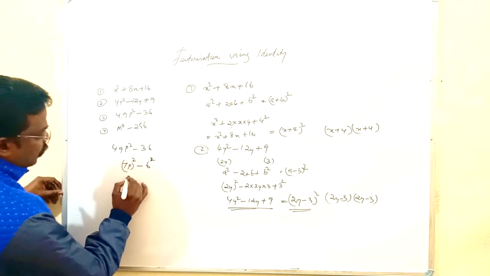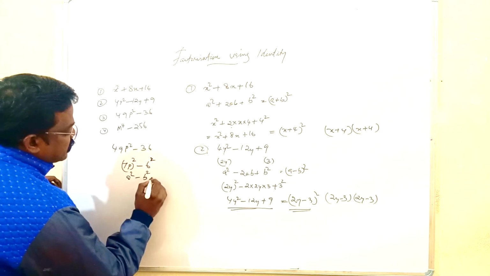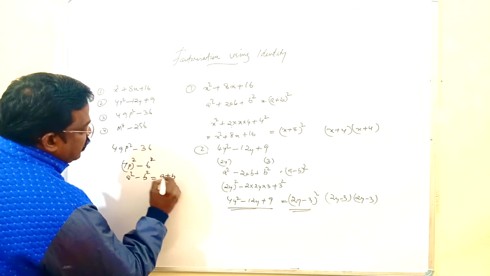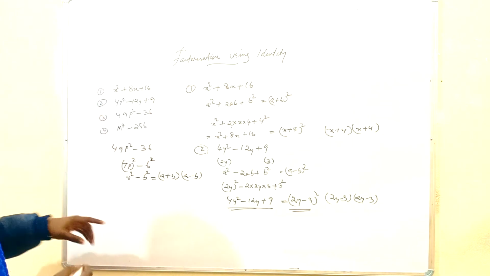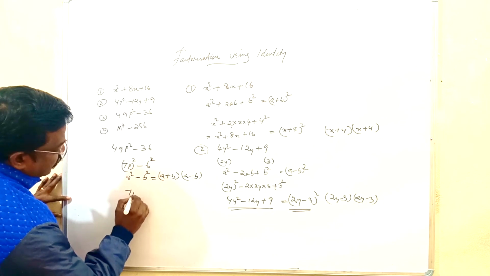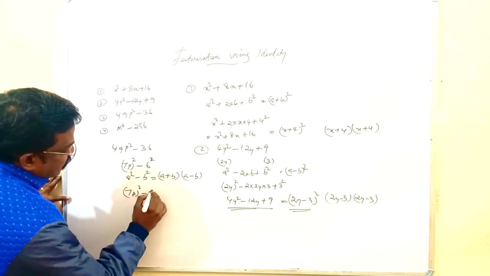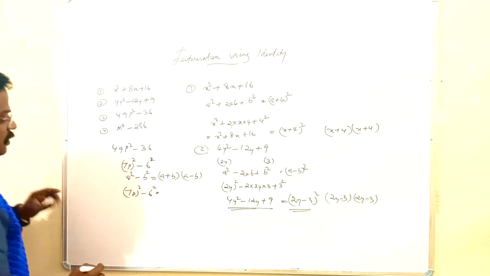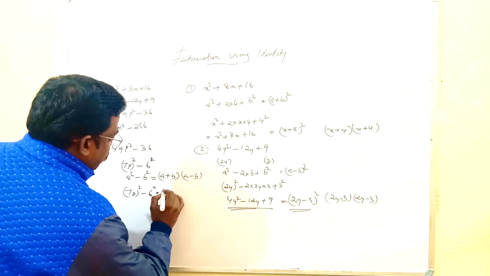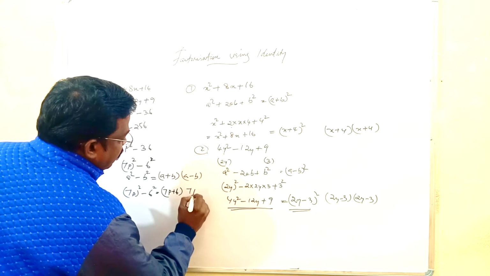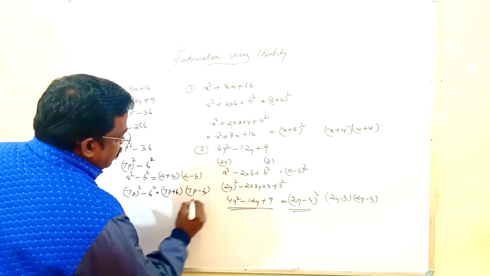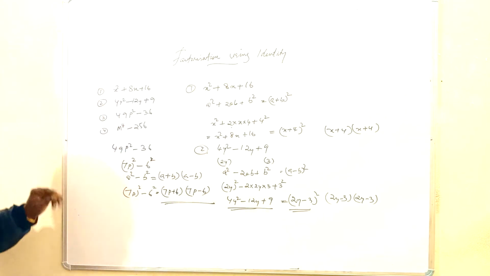It is in the form of a square minus b square, which equals a plus b into a minus b. Now 7p all square minus 6 square equals what? Here a is 7p, so 7p plus 6 into 7p minus 6. This is the answer for that.